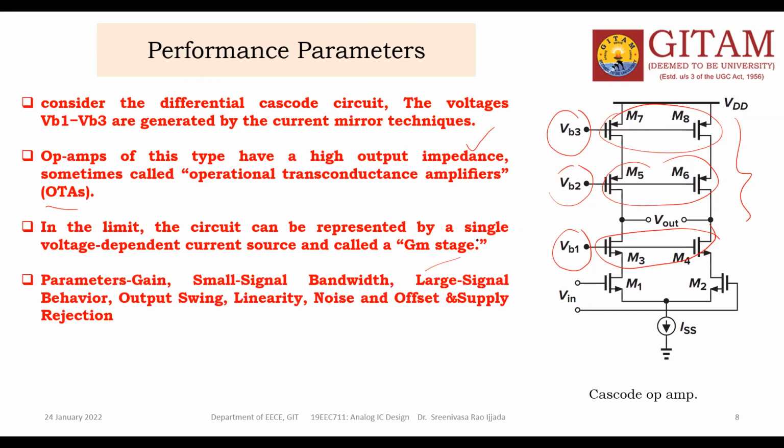So what are the parameters we should consider for this circuit? Gain is one parameter, small signal bandwidth is another, large signal behavior, output swing, linearity, noise, offset, and supply rejection. These are the parameters we want to discuss for an amplifier.